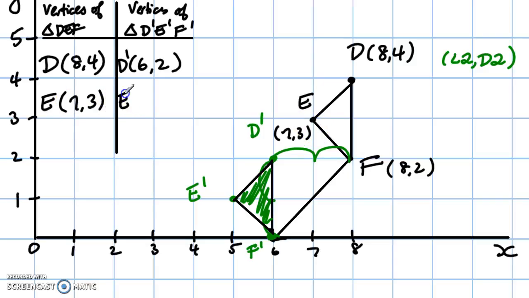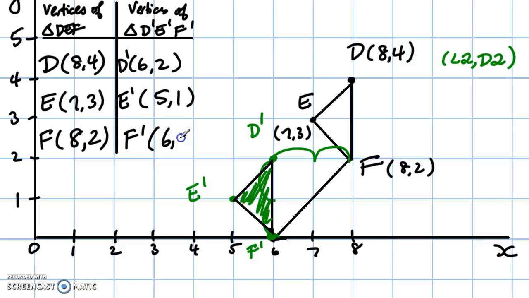We see that E prime is at (5, 1). F is at (8, 2). F prime is going to be at (6, 0).